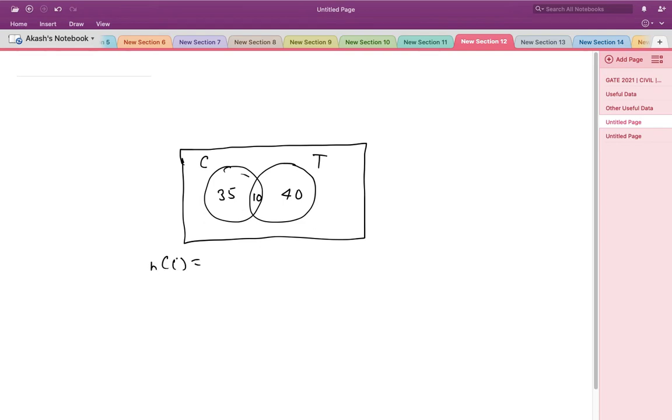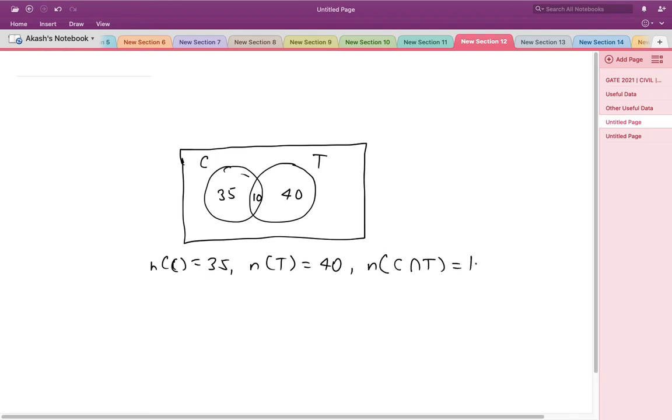So let's note down the given data. The percentage of employees that drink coffee is 35, the percentage that drink tea is 40, and the percentage that drink both coffee and tea is 10.